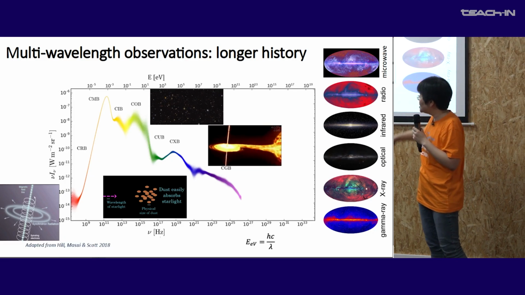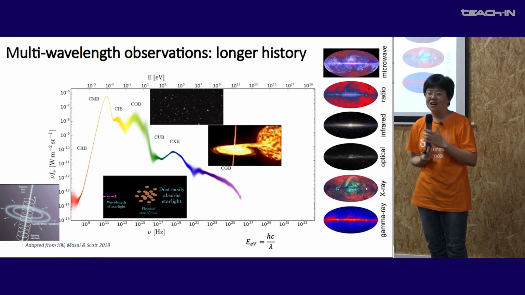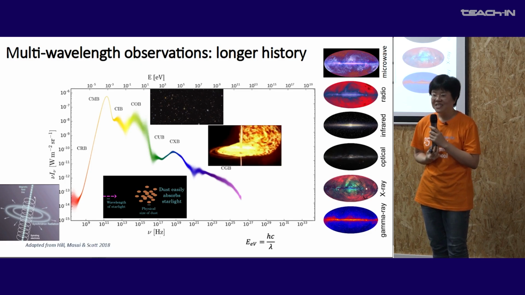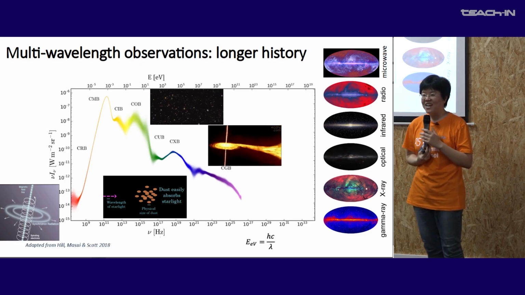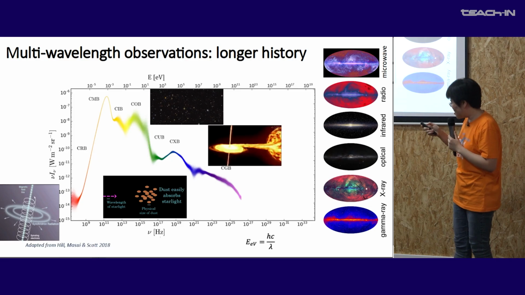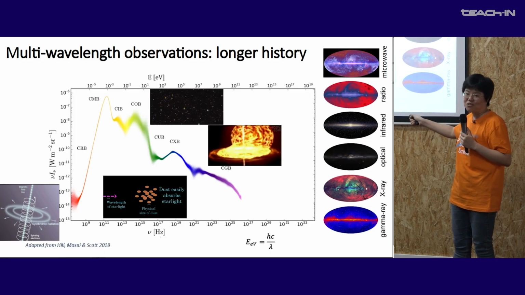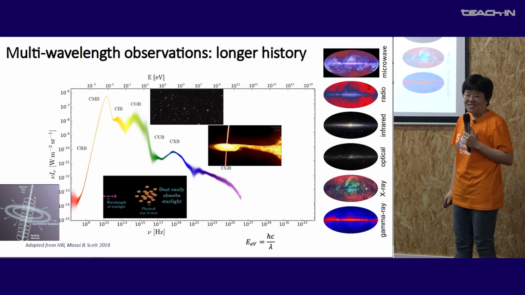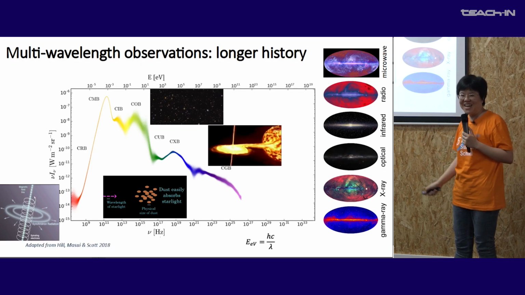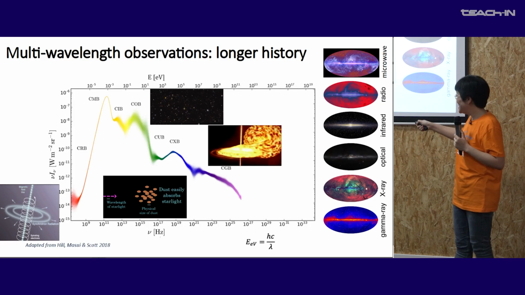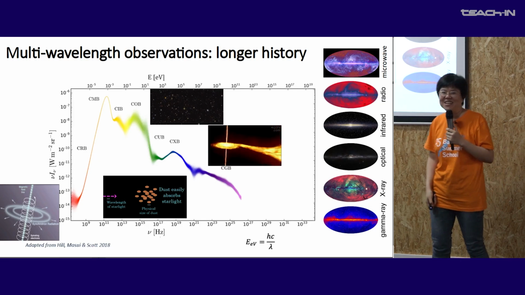And those cosmic backgrounds are from the actual galaxy. So if you want to know our galaxy, or I have another question: for the higher energy, why is there no such band observed? In this range, why is there nothing?